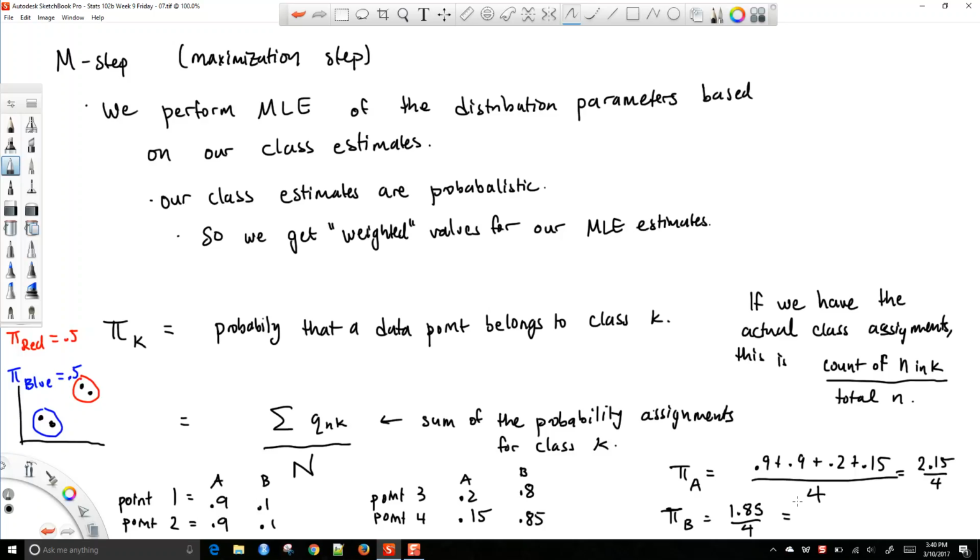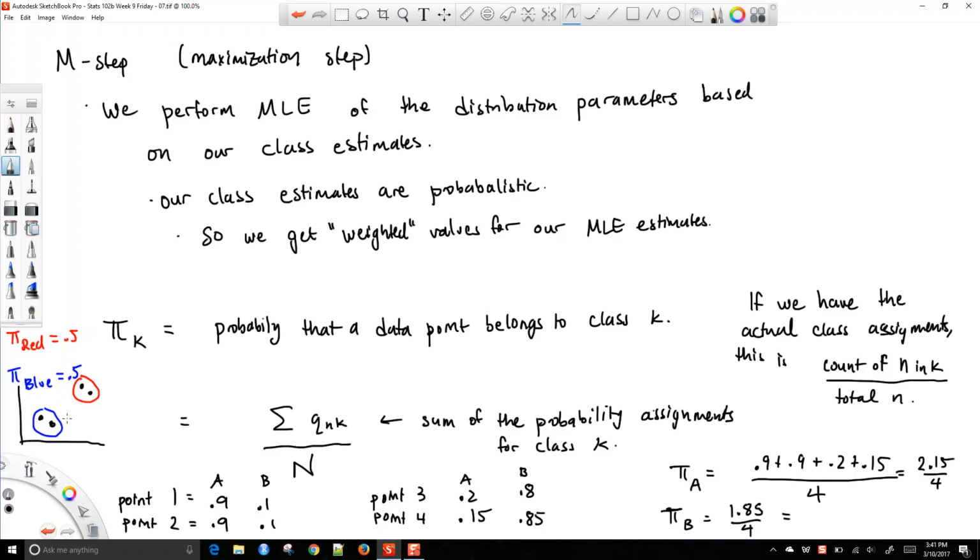And with this in mind, we can now also perform maximum likelihood estimation. Normally, we would just say, I only have these 2 data points, and I'm going to try to maximize my likelihood based on these 2 data points. Now we're saying we've got all 4 data points, but these ones are weighted heavier and these ones are weighted less.